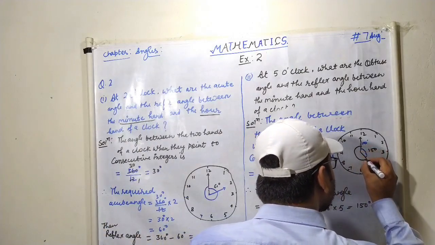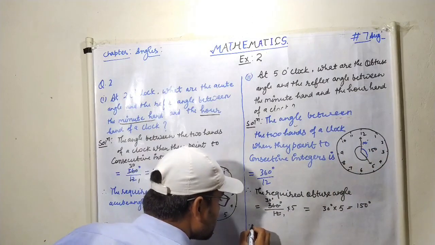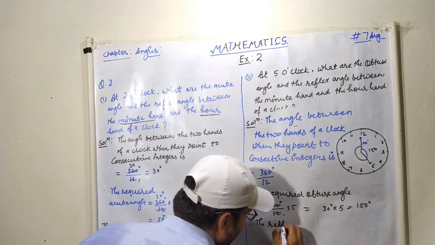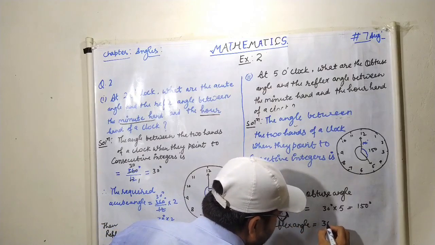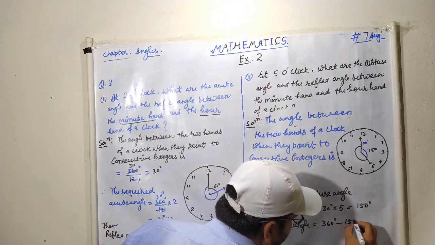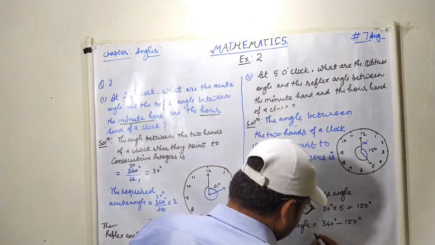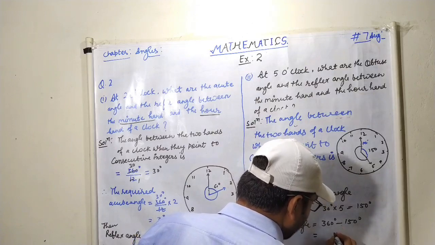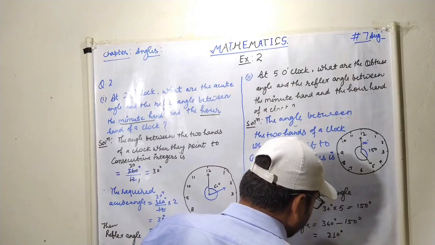So what about this reflex angle? Okay. So the reflex angle is equal to 360 minus 150 degree. 360 minus 150 degree is equal to 210 degree.